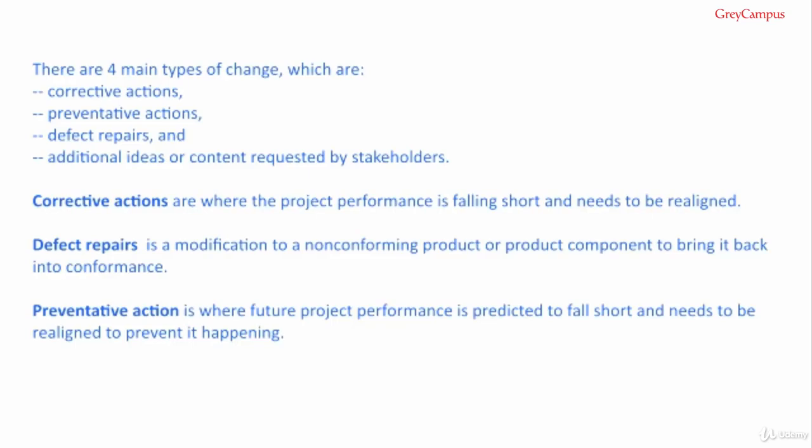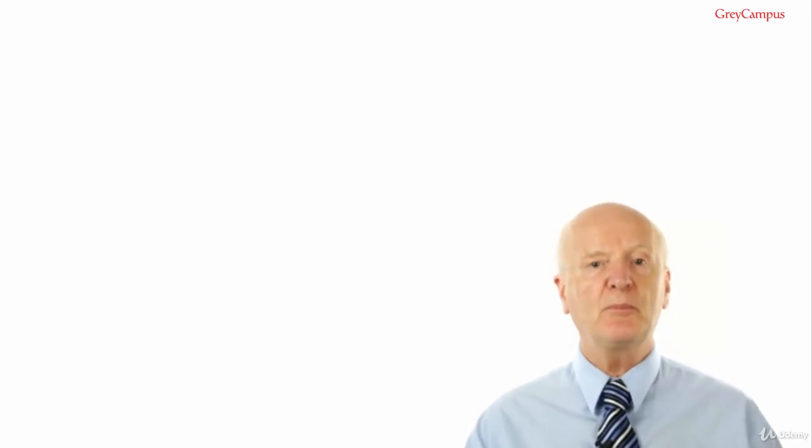Preventative action is where future project performance is predicted to fall short and needs to be realigned to prevent it happening. But the important thing to note is that although some changes must be done, they are still changes, and as I said before, all changes without exception must be approved by the integrated change control process. One or two questions on the exam will catch you out if you don't understand this basic principle.